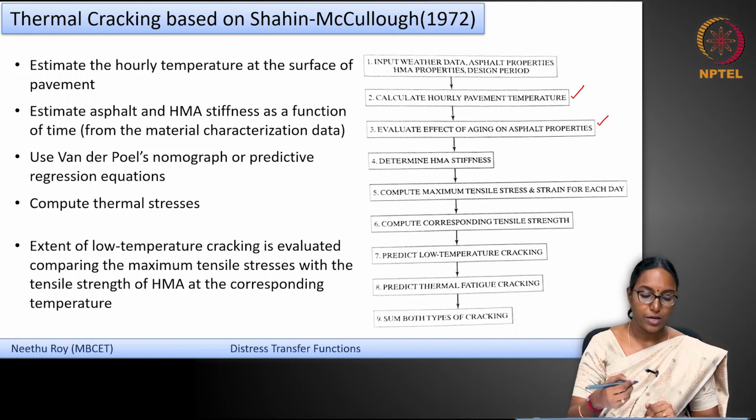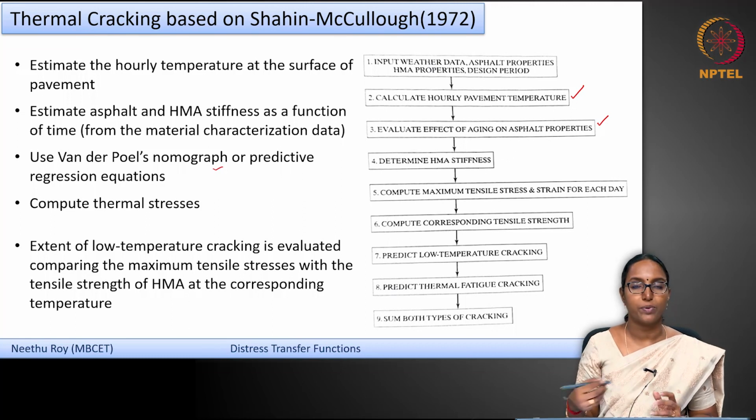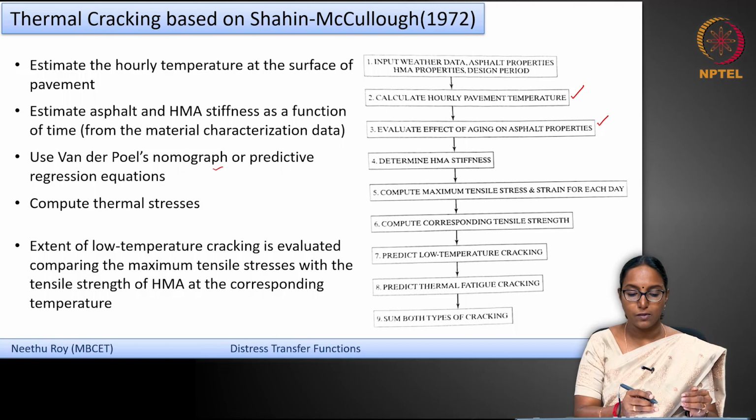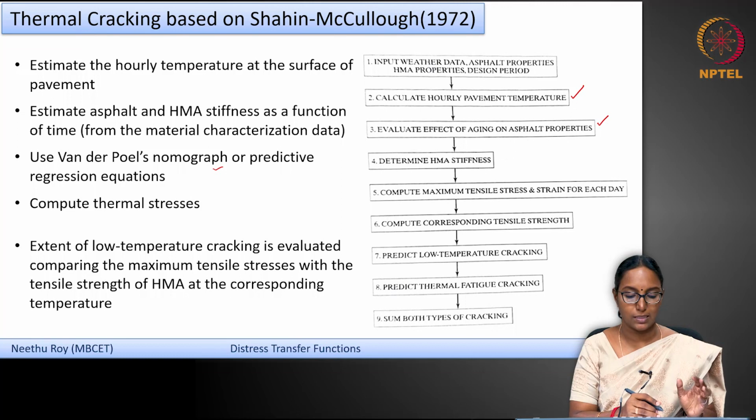You can use various nomograms which are available, and also predictive regression equations are available to estimate the HMA stiffness. I am not going into the details of each one of these, because you can always refer to the material characterization courses to find out how the stiffness or the material modulus values are estimated.